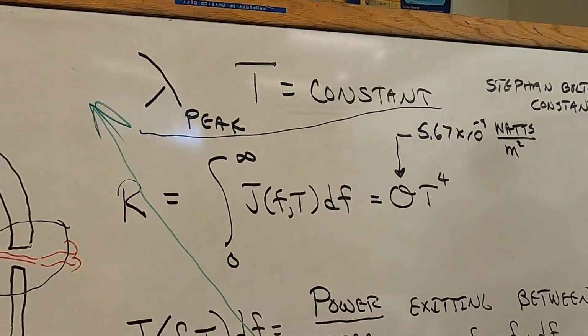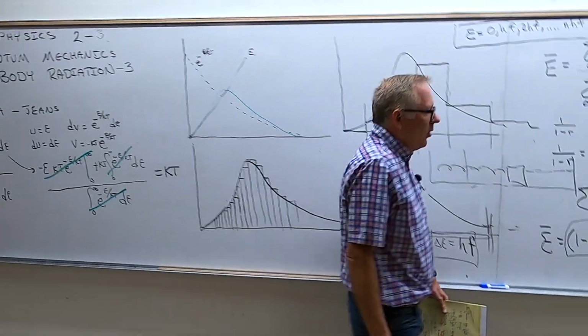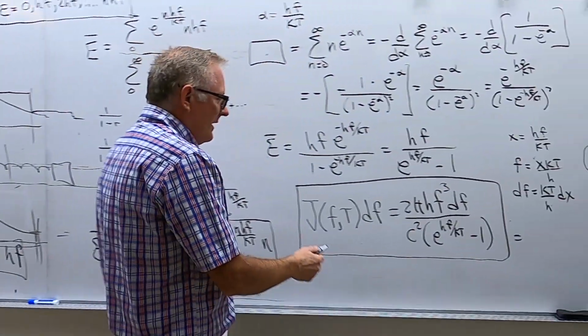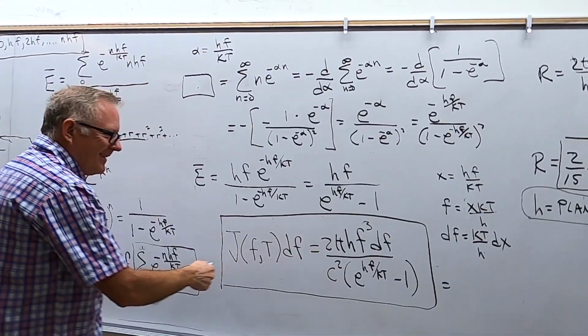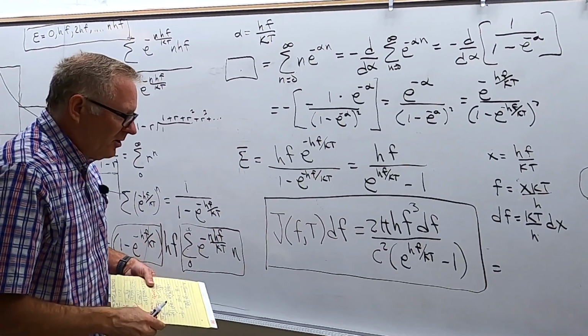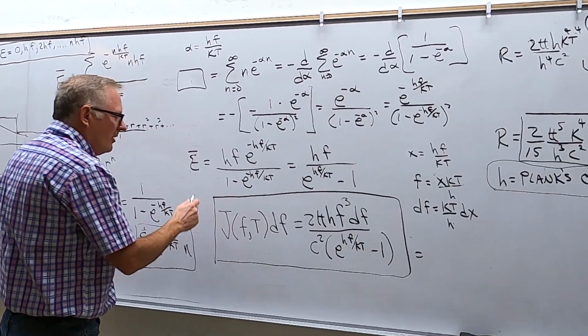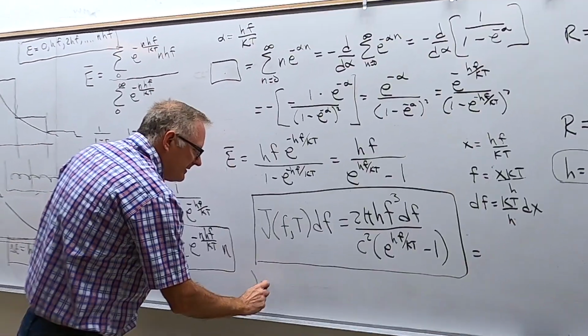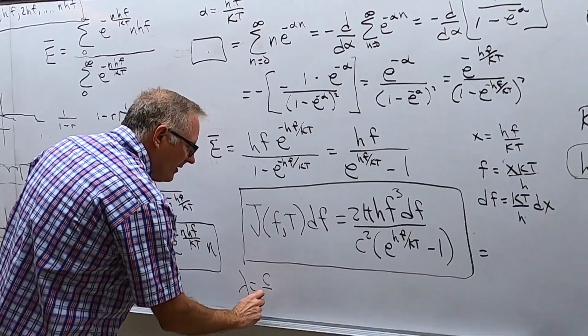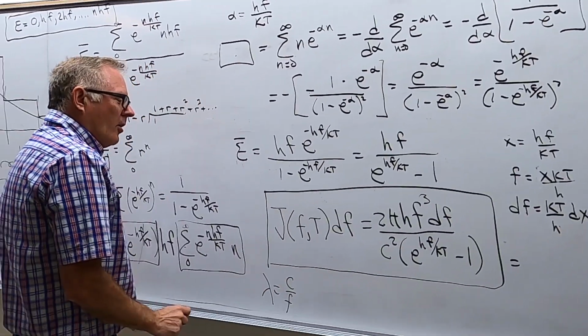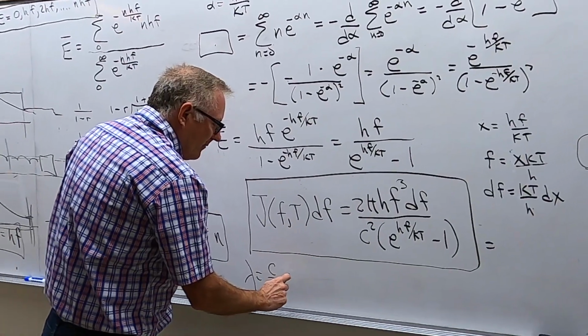So how do you find that constant? How do you find the peak in the wavelength? Well, what I would do here is convert this into wavelength instead of frequency. We know wavelength is c over the frequency, or the frequency is c over the wavelength.